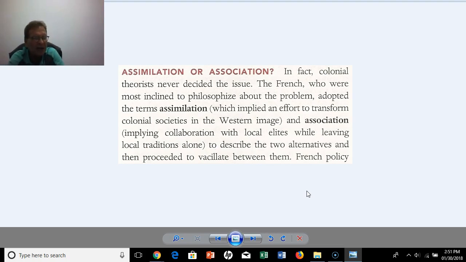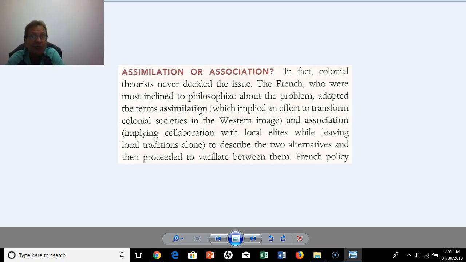I think I mentioned the fact that they wanted to make the colonists into little French men and women. This was their preferred style of rule, along with ruling directly in terms of how they're going to socialize them. The idea of assimilation was favored by the French.